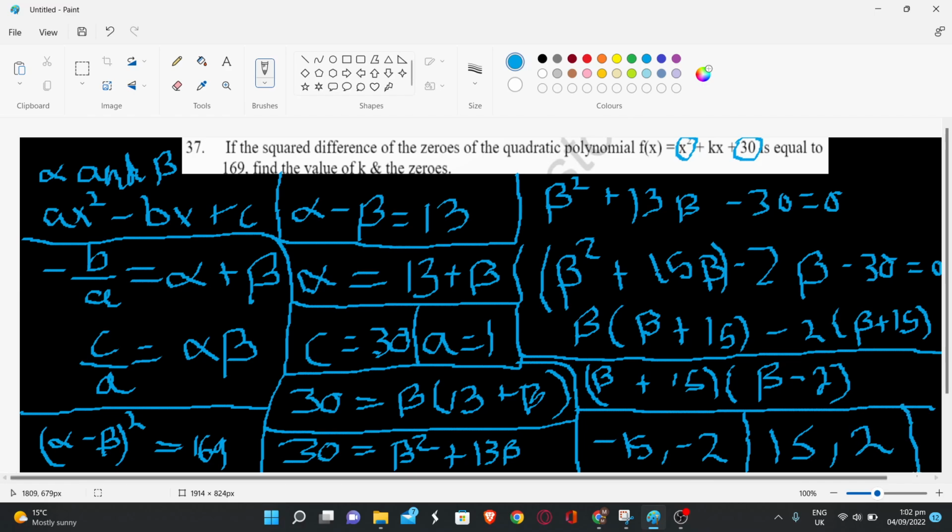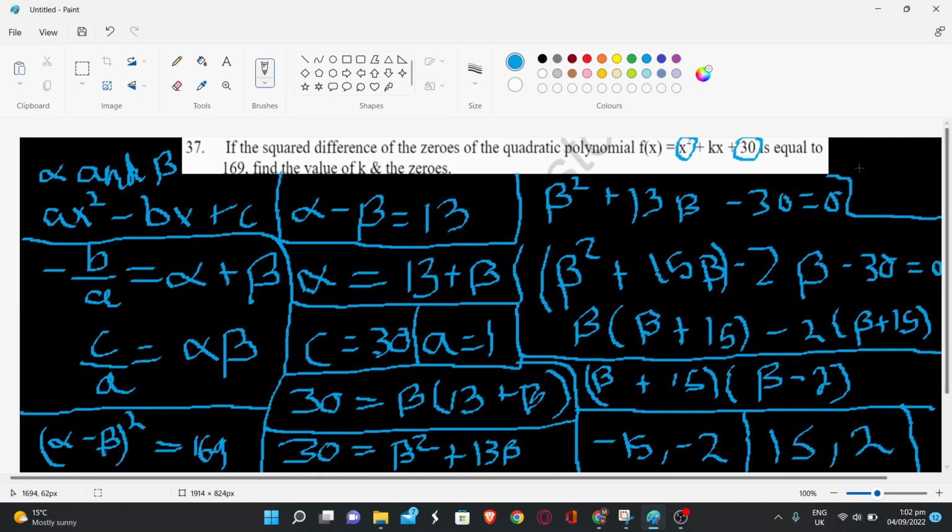Because we know that minus b by a is equal to alpha plus beta, we know that alpha and beta can be plus or minus, alpha is plus or minus 15, beta is plus or minus 2, and I'll write the value of k on top here.